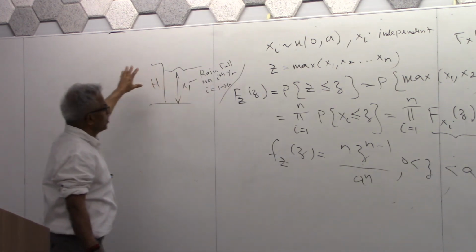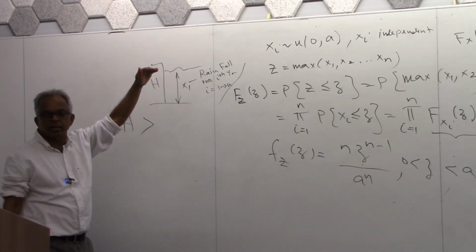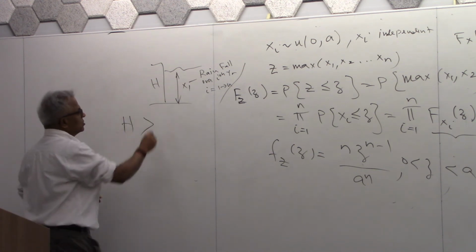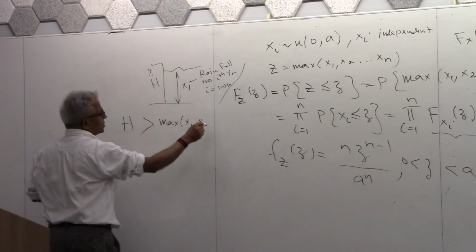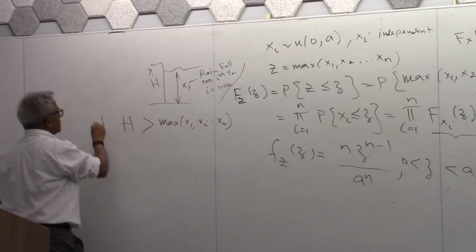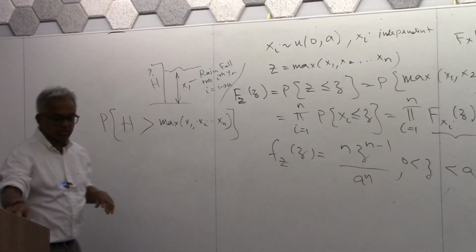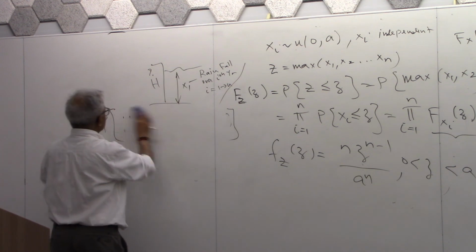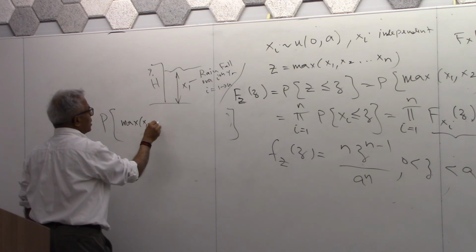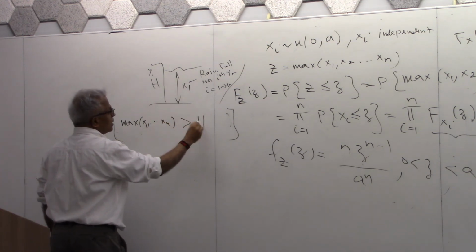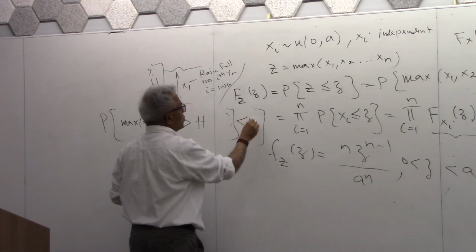So the question is how high should the dam be? What is one sensible criterion? The dam should be higher than the worst case, right? So this is one way, because we don't know h. So we could say the probability that the height exceeds the maximum, or the other way maybe makes more sense. In the worst case, the maximum, you don't want the new flood to exceed the dam height, right? So the probability of exceeding the dam height must be less than whatever you want to conclude here, 10 to the power minus 4 or something.